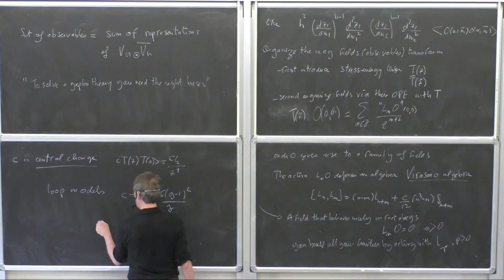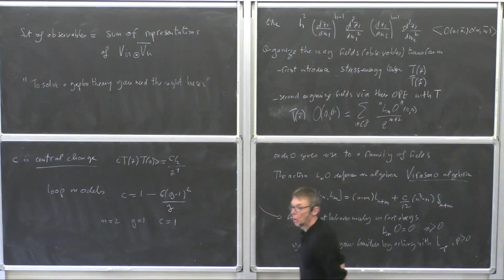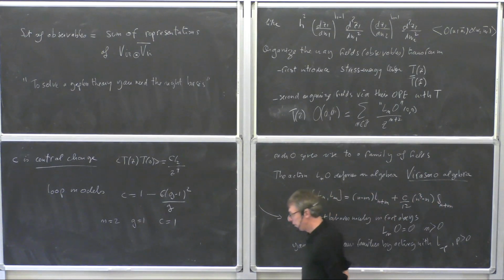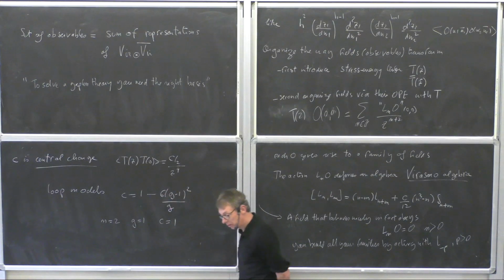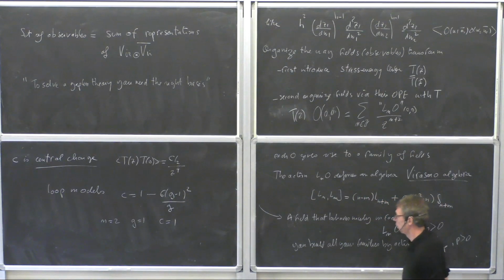In particular, when n is equal to 2, g equals 1, and c equals 1. That's an ordinary free boson. The minute we move away from n equals 2, we start having different values of the central charge, and in particular, they may be negative, depending once again on the parameters you consider.